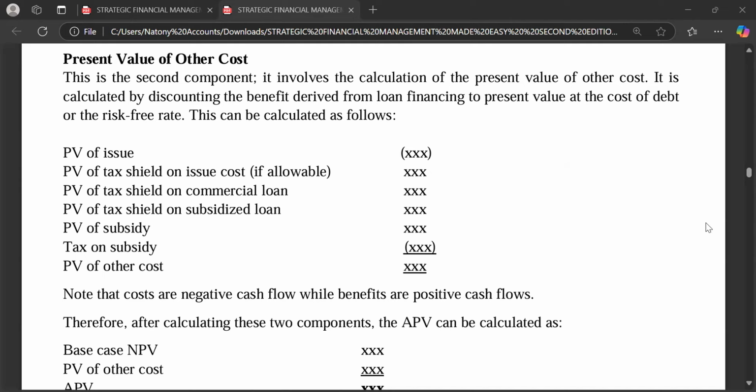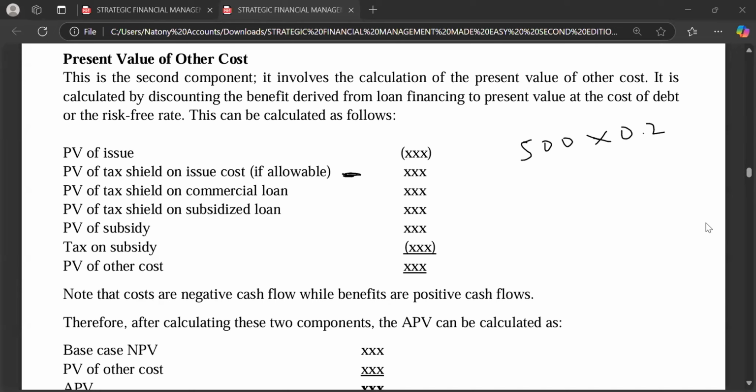So there are times the examiner will tell you that the issue cost is tax allowable. If it is tax allowable, it means that if your issue cost, for instance, is 500 and the tax rate is 20%, your benefit will just be 500 times 0.2.